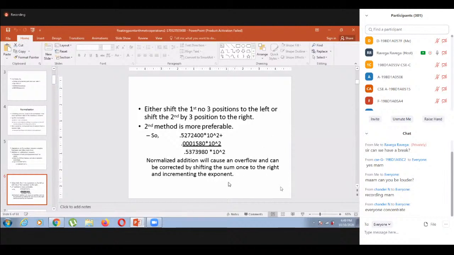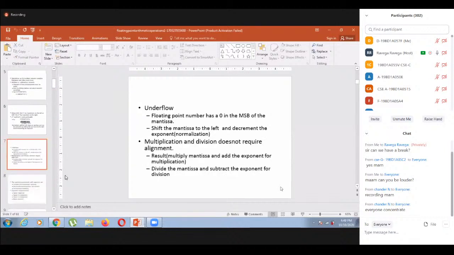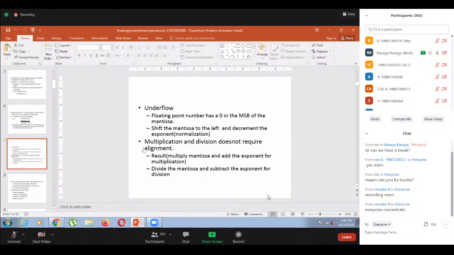In normalization of the addition, the result contains the overflow digit. The overflow digit will be neglected.